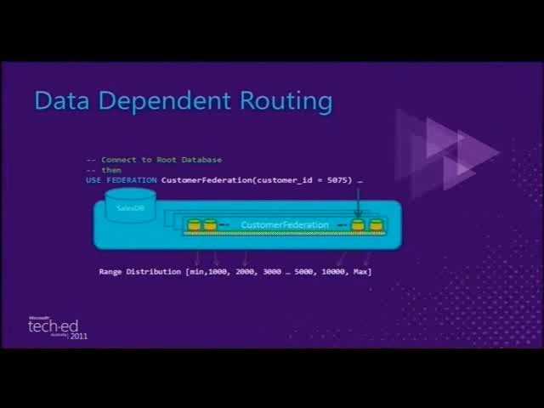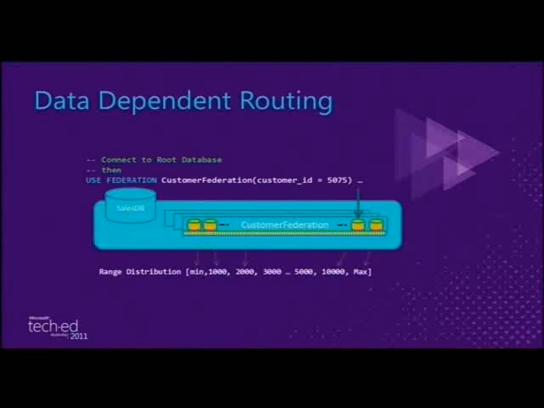We make connection strings, and the connection strings go to the federation root database, and then we use a use federation command. After the use federation command, the client is going to route all of the requests for particular data to a particular shard.